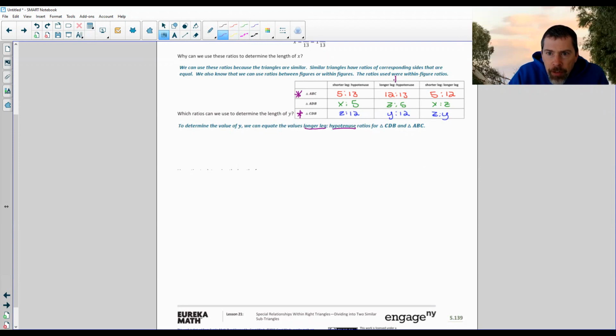So that's this column right here. So all I have to do is take 12 over 13. 12 is to 13 as y is to 12. Cross multiply, and I would get 13y equals 144.